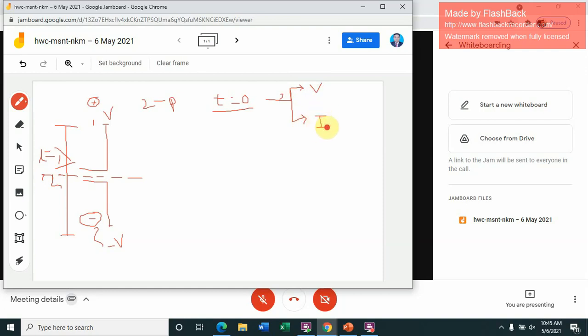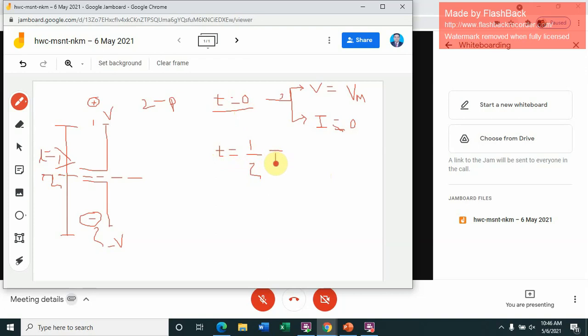When t equals 0, the voltage is maximum, V equals V max, and the current I equals 0. Then the time parameter t goes on increasing, suppose to 1 by 2 T.